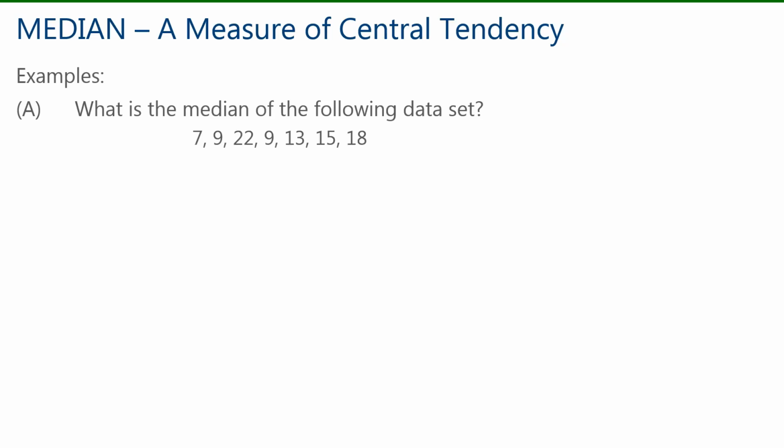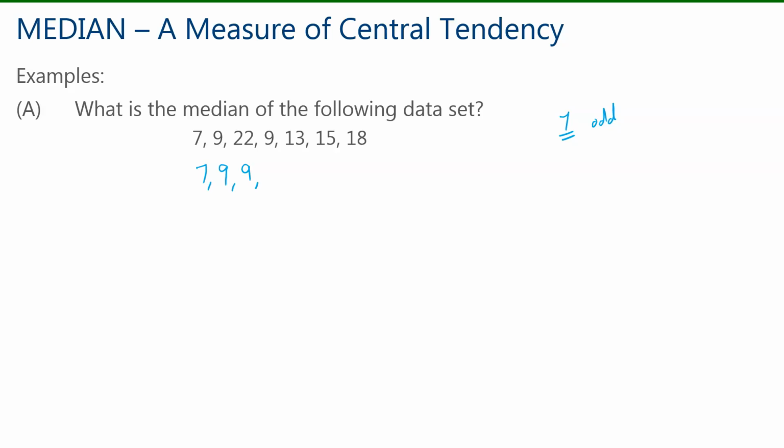Couple of examples. What is the median of the following data set? I'm going to first count the number of pieces of data in that data set, and if I do that, I discover that there are 7, which is an odd number, which tells me that a distinct middle value will exist once I organize my data from least to greatest. Let's do that first. If I reorganize these pieces of data least to greatest, I get 7, a 9, and another 9.